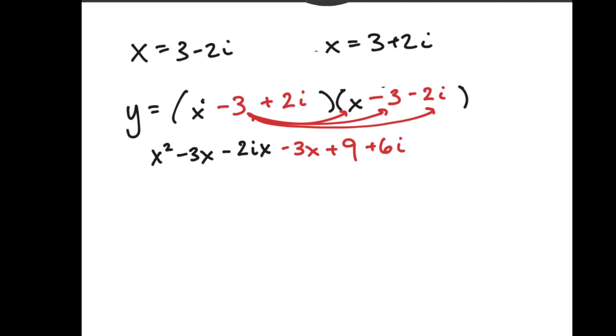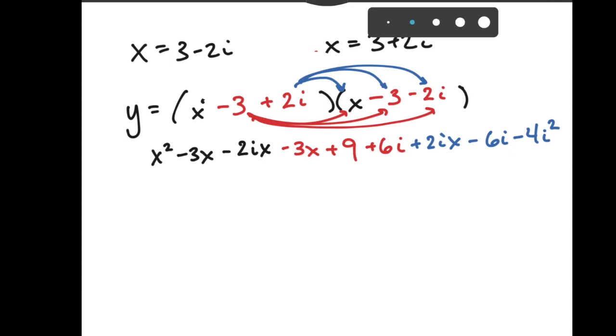So now I'm going to multiply the 2i to each one. So that would be plus 2ix. 2i times -3 is -6i. And 2i times -2i will be -4i squared. So it looks kind of long, but we can actually simplify and combine like terms.